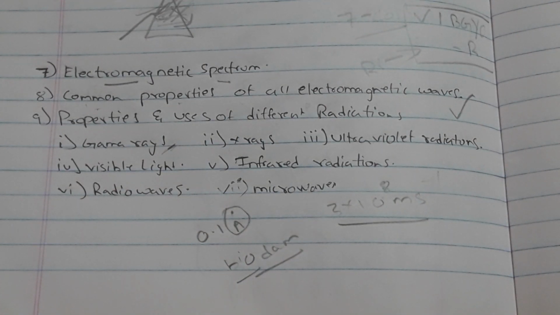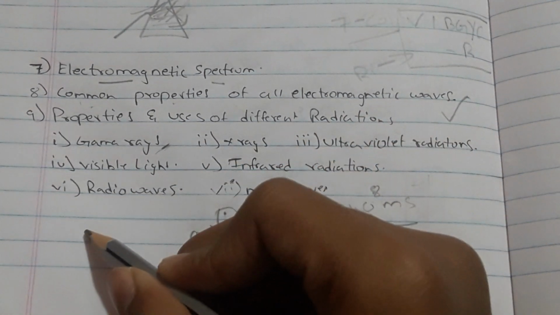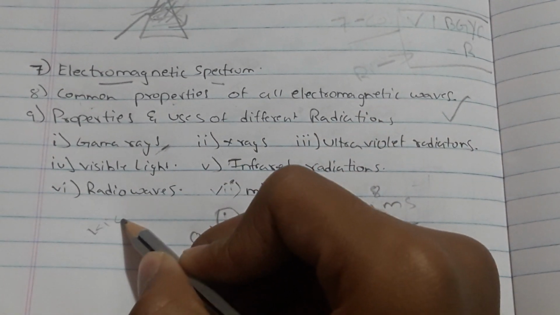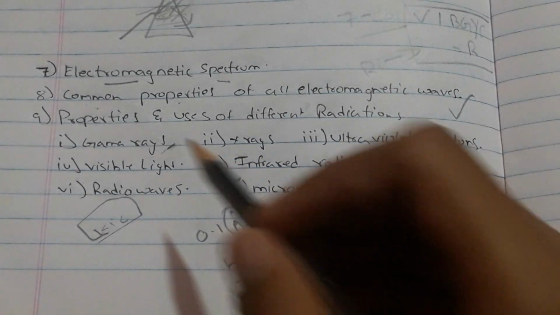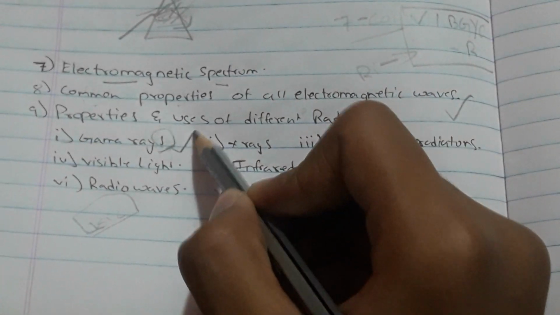They are used in medical science to kill cancer cells, and in industry to check welding. So that is about gamma rays. We have completed it.